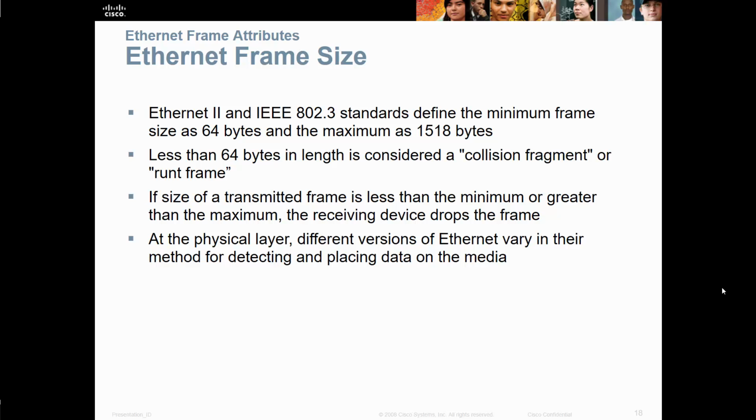If it's less than 64 bytes, then it's considered a collision fragment or a runt frame and is just ignored. If the size of the transmitted frame is less than the minimum or greater than the maximum, it drops the frame. However, we could have jumbo frames, and a jumbo frame can be over 9,000 bytes. Bytes, not bits. Big B, not little b.